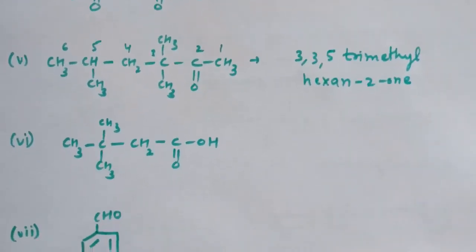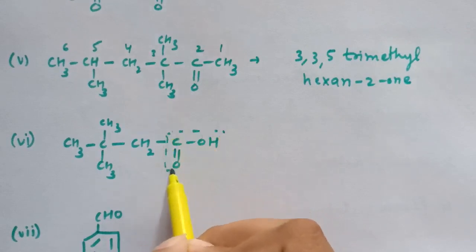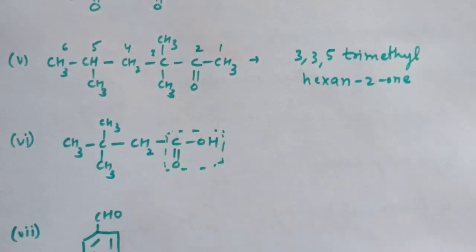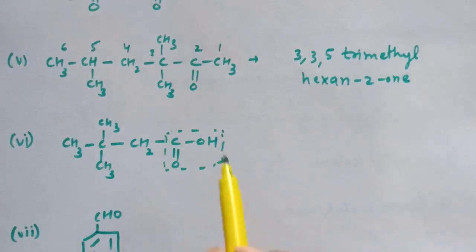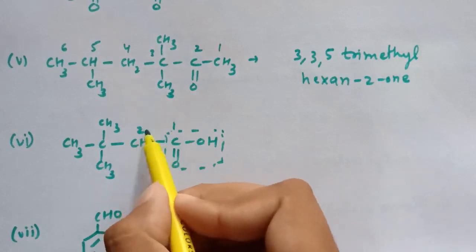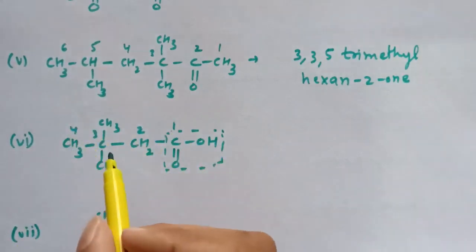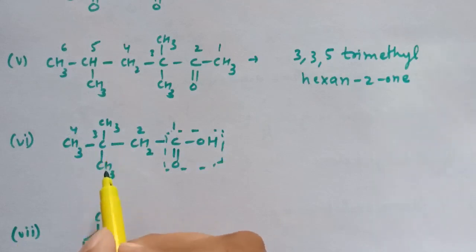Next is the 6th. Now this is a carboxylic acid; the functional group is carboxylic acid. So we will start numbering from this carbon atom: 1, 2, 3, 4. Here at third position 2 methyl groups are present as substituents.